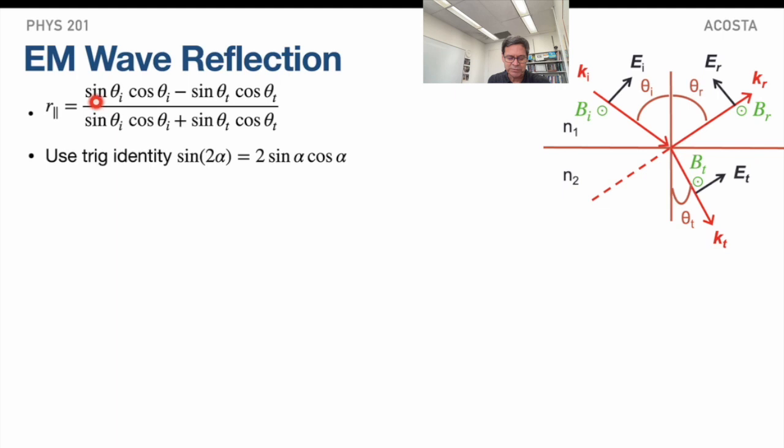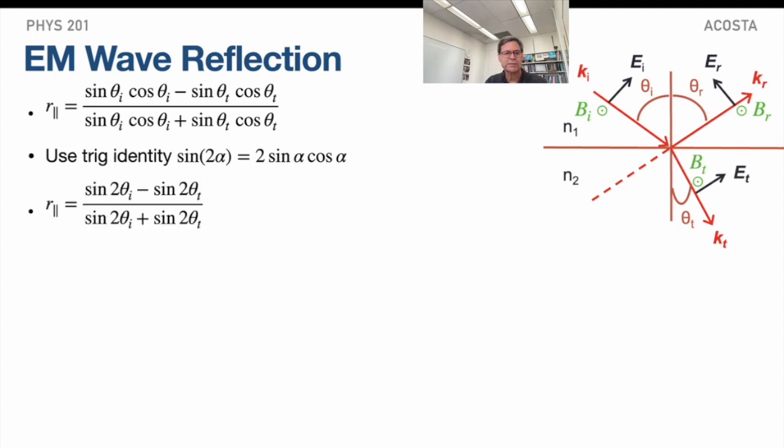Well, here I see a bunch of sine cosines. Sine cos, sine cos, sine cos, sine cos. So substituting in what alpha is, either theta I or theta t, I can replace them with twice theta I or theta t in this trig identity.